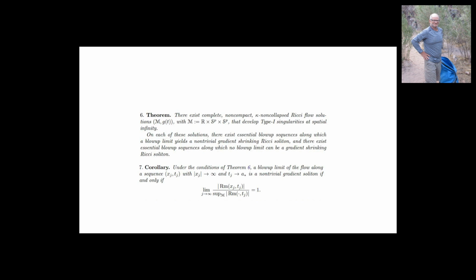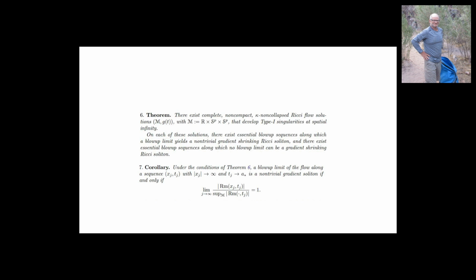These develop type 1 singularities at spatial infinity, and on each of these solutions there exist essential blowup sequences along which a blowup limit yields a non-trivial gradient shrinking soliton. There also exist essential blowup sequences along which no blowup limit can be a gradient shrinking soliton.